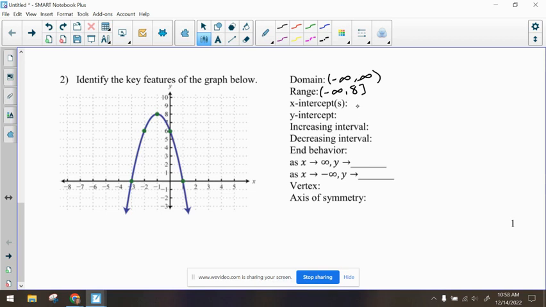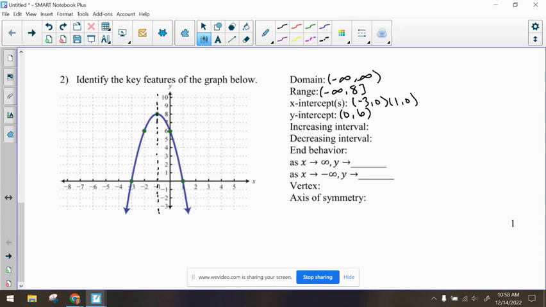We have two x-intercepts on this graph. They are located at negative 3, 0 and 1, 0. Our one y-intercept is located here at 0, 6. So x-intercept spots where the graph touches the x-axis, y-intercept spots where the graph touches the y. For increasing and decreasing, I'm going to draw a line through every change of direction that I see.